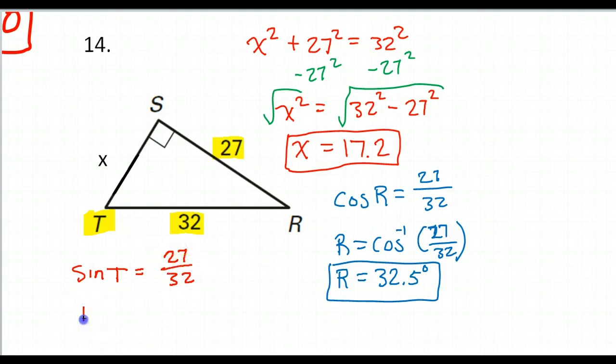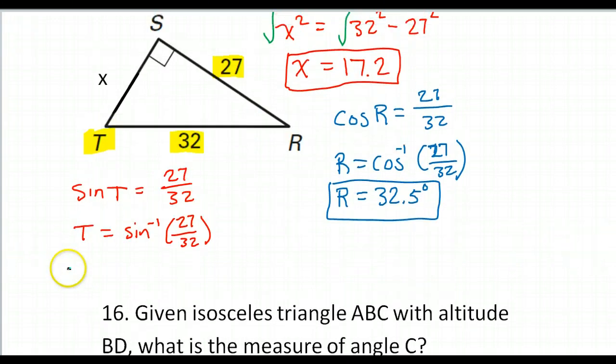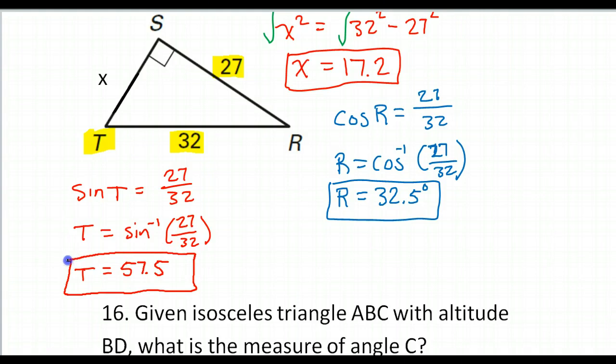All right, that means that T is going to equal the inverse sine of 27 over 32. And I can just put that in my calculator. I'm getting 57.5. So that is the measure of angle T, and that's degrees.